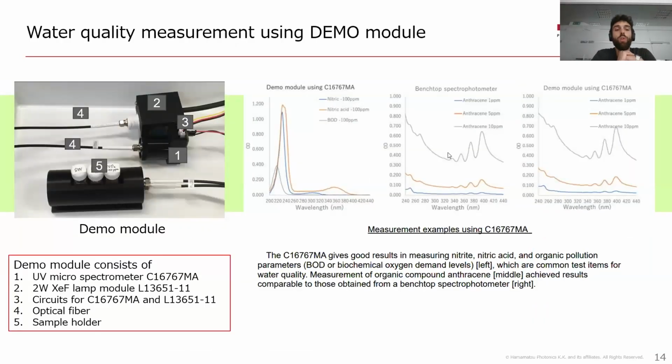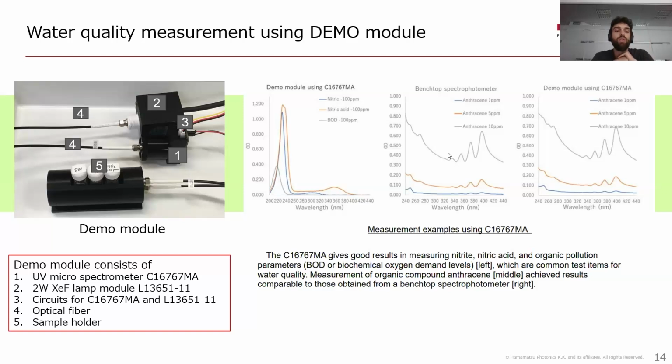And so moved by the idea that at Hamamatsu we can supply detectors and emitters, our central research laboratory built a demo setup that you'll be able to see at many trade shows with us. And this includes the 2 watts xenon flash lamps and this new UV spectrometer that I mentioned.